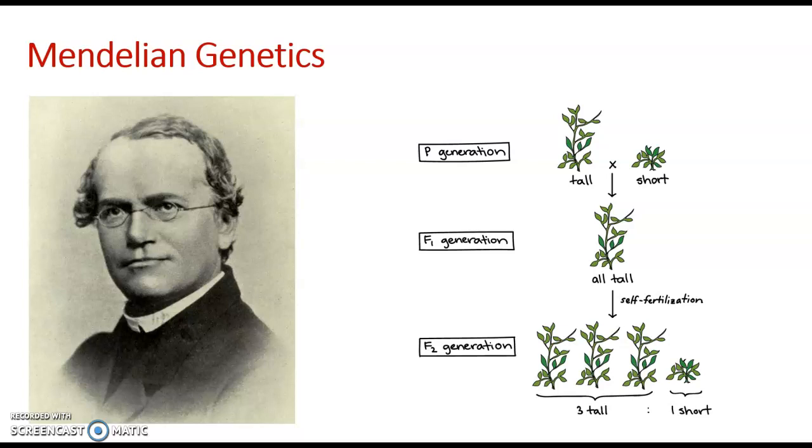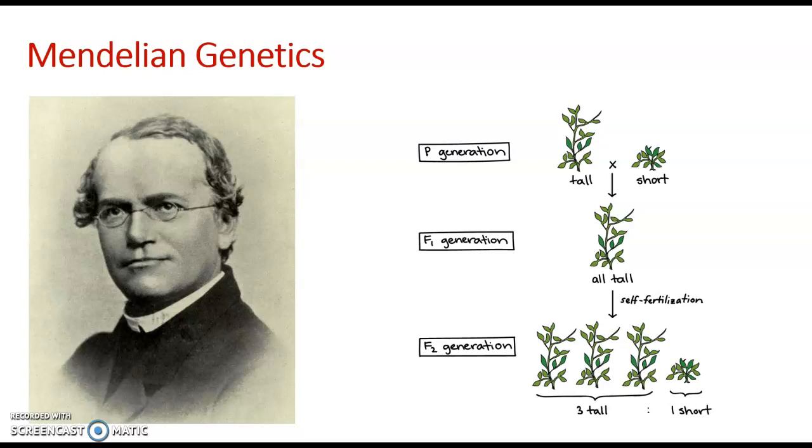Mendel spent about 10 years conducting these inheritance studies, and he looked at 7 different features in peas, including height, flower color, seed color, and seed shape. And to do this, he first had to establish lines of pea seeds with 2 different forms of whatever feature he was looking at.